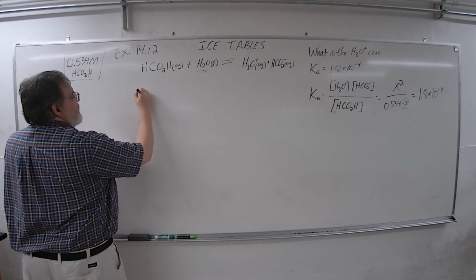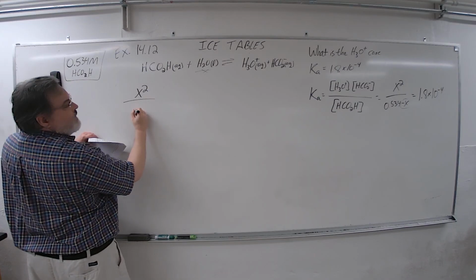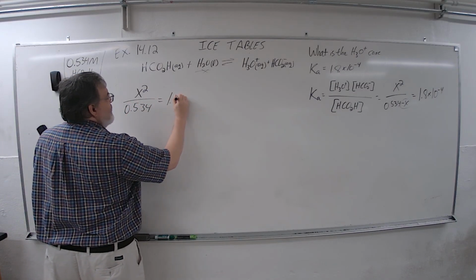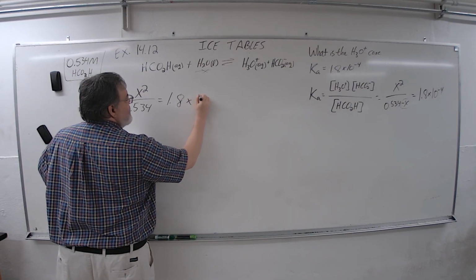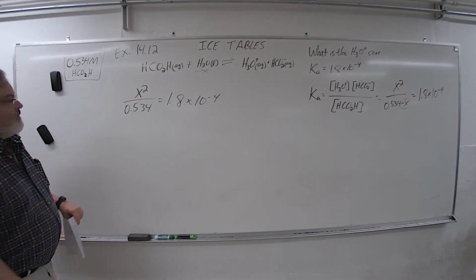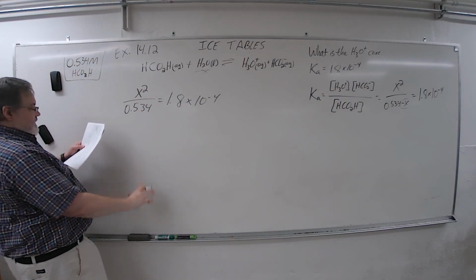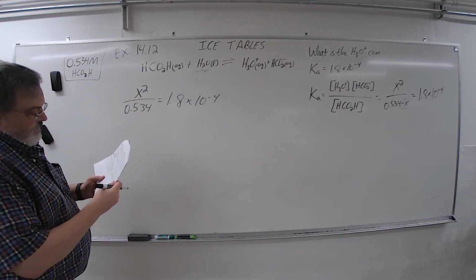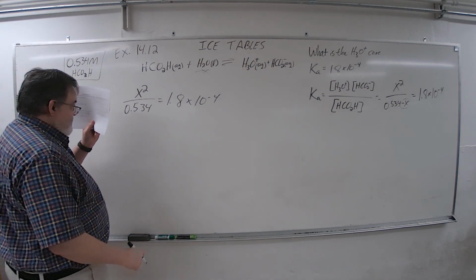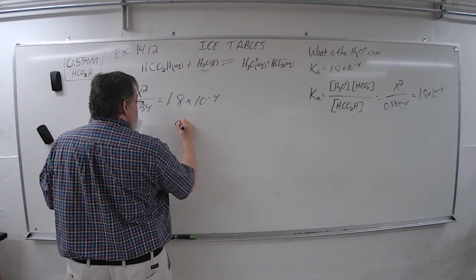So really what we're solving is 1.8 times 10 to the negative 4. You multiply both sides by this, and what will you get? That times that is 9.6.